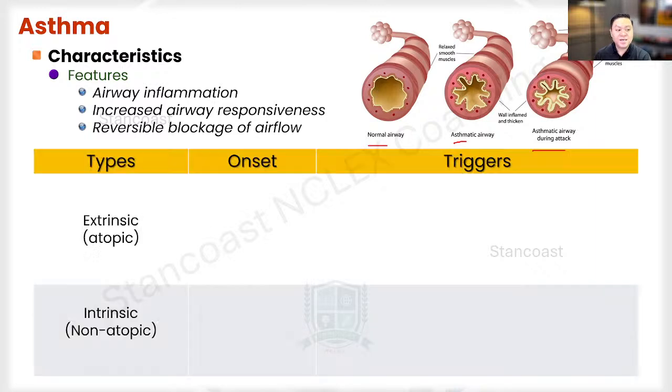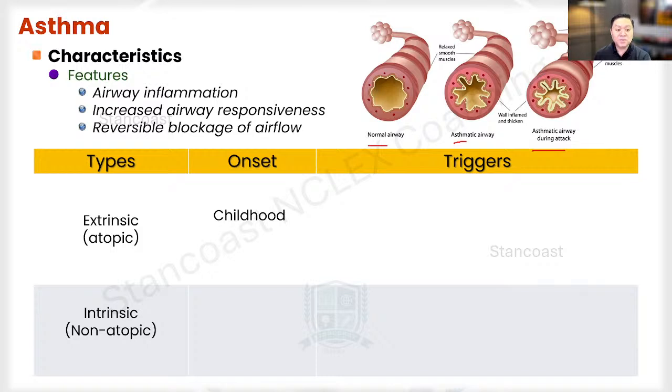Now, guys, take note that asthma can be classified into two different types. One is the extrinsic, or what we call the atopic type of asthma. So what does it mean? Well, the onset of this type can begin in childhood, and this is more associated with other allergic reactions or conditions, maybe due to eczema or hay fever.